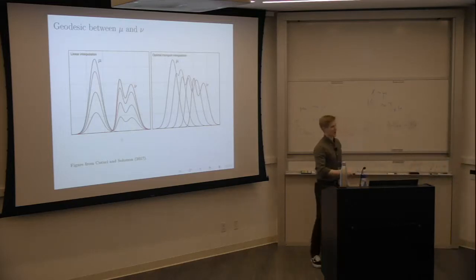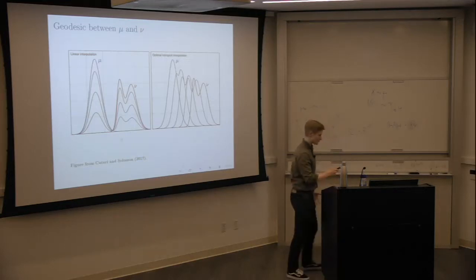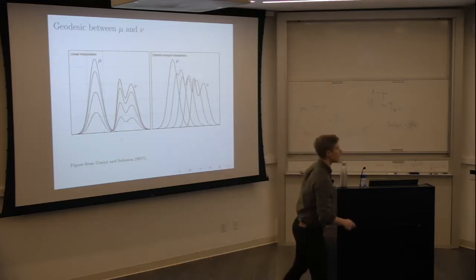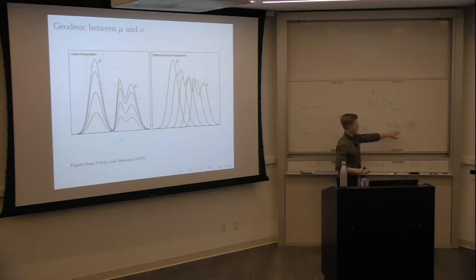And for some applications, this might be more attractive. You could argue that if you show this to someone, they might say that, yeah, this is a more sensible way of going from mu to nu than this way is, right? In this case, they're densities, so think about mu and nu as densities.